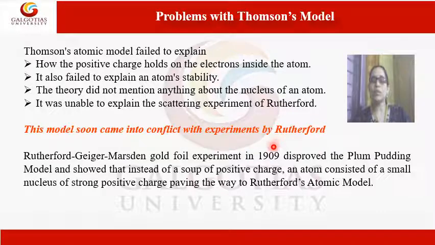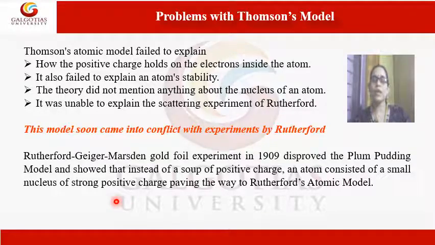After Thomson, in 1909, Rutherford and two other scientists, Marsden and Geiger, did a gold foil experiment, in which they disproved the plum pudding model.